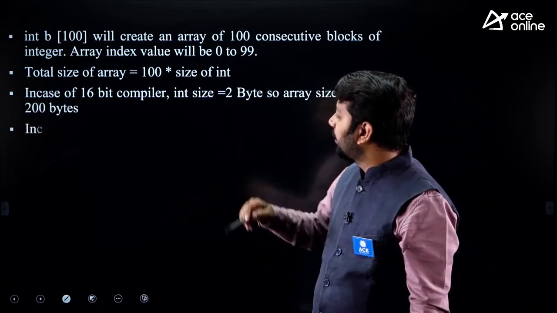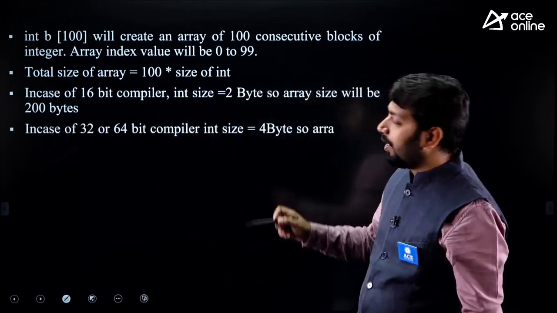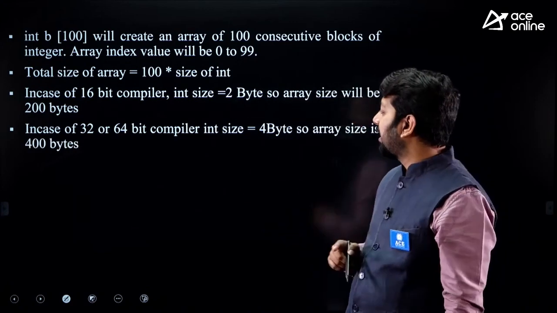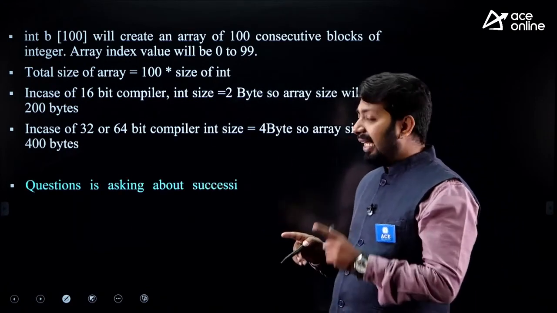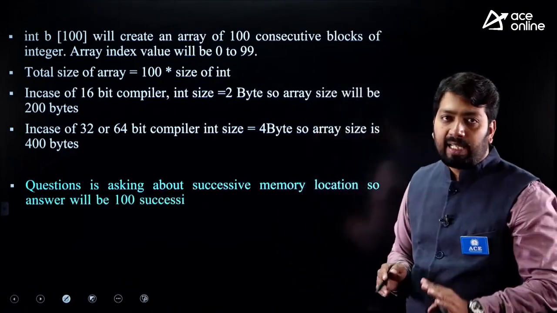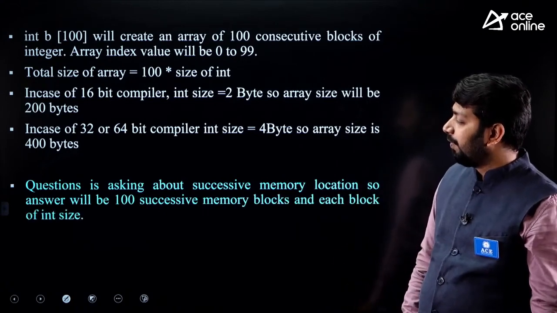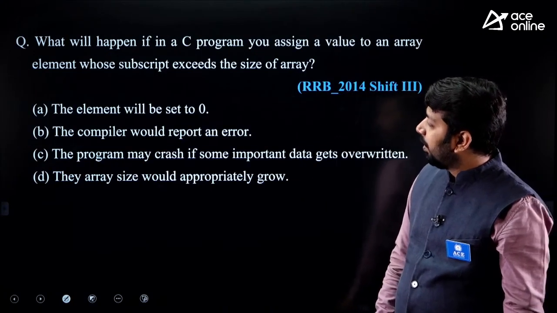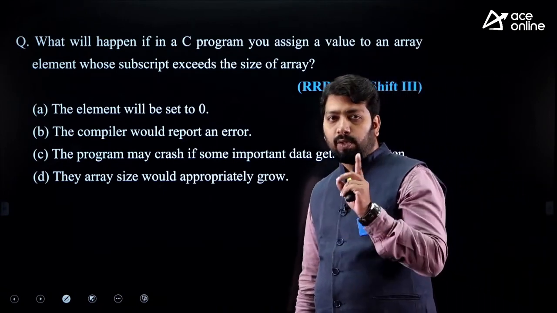If we are using a 16-bit compiler, our size will be 200 bytes. If we are using a 32 or 64-bit compiler, in that case our size will be 400 bytes. In the question, they are asking just about consecutive memory locations, not the answer in bytes. So the answer is 100 successive memory locations. Okay. So that is the last question I am going to solve today.